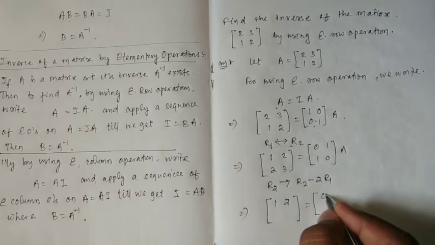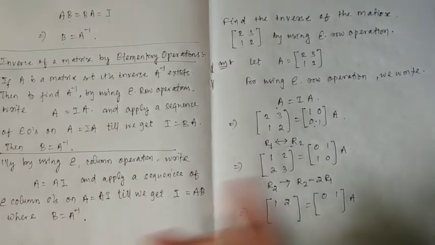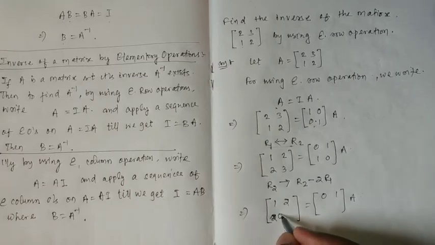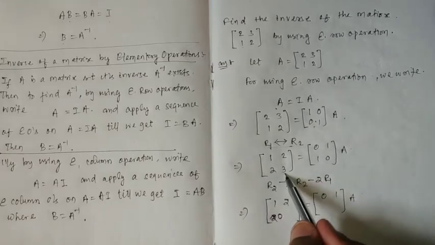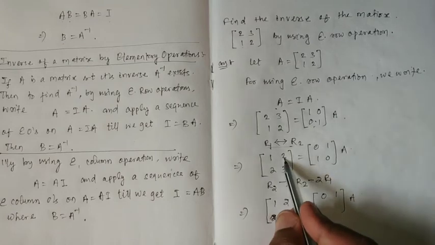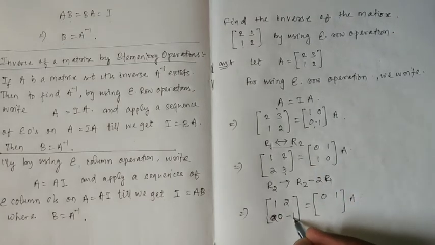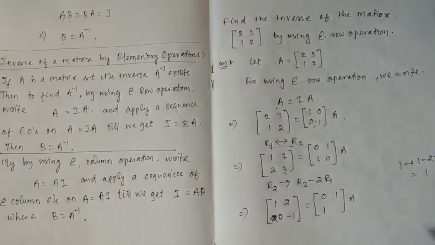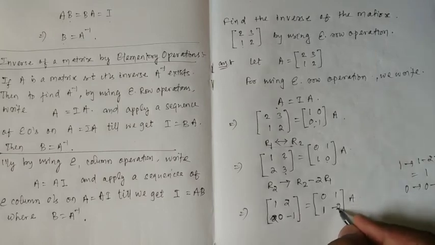In the identity side write 0 1. 3 is replaced by 3 minus 2 times 2, that means minus 1. 1 is replaced by 1 minus 2 times 0, that means 1. 0 is replaced by 0 minus 2 times 1, so we get minus 2.